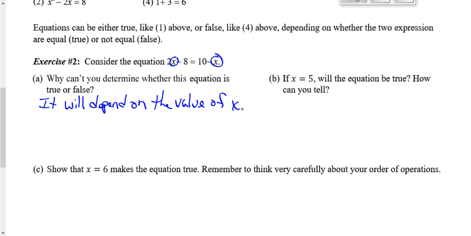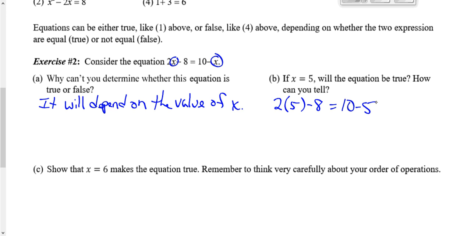And then over there in part B, they've given us a potential value, x equals 5. Will the equation be true? How are we going to find out? We are going to plug it in, right? So 2 times 5 minus 8 might equal 10 minus 5.